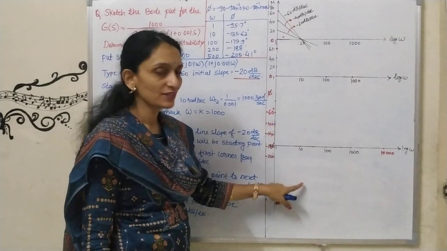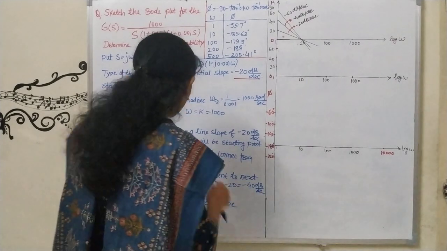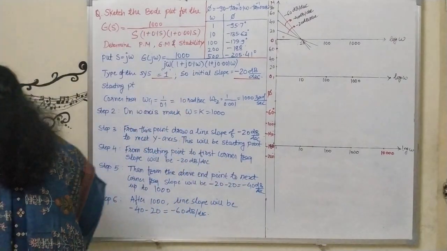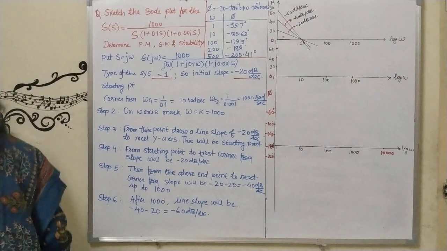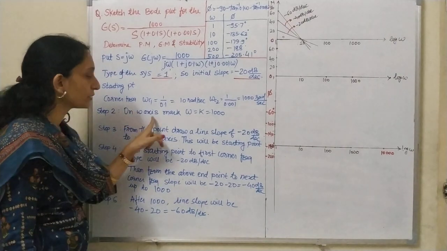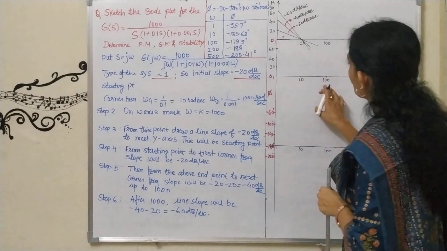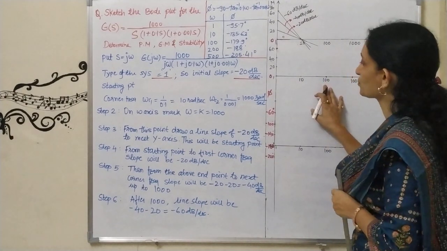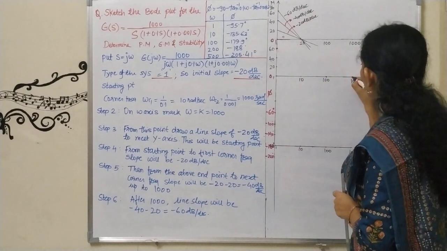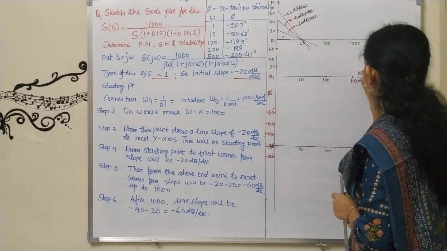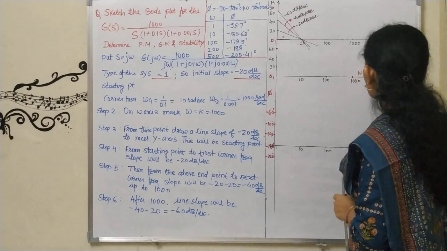This part I will use for the calculation. Now I will start with step number 1. First of all, on the omega axis show omega equal to 1000. So this is omega equal to k equal to 1000.